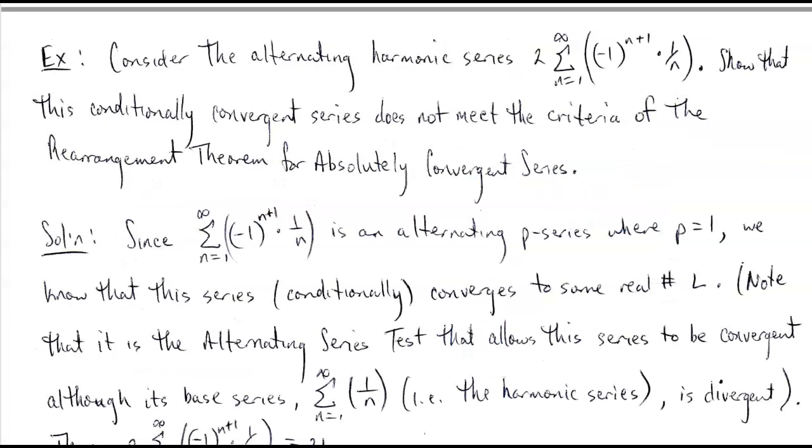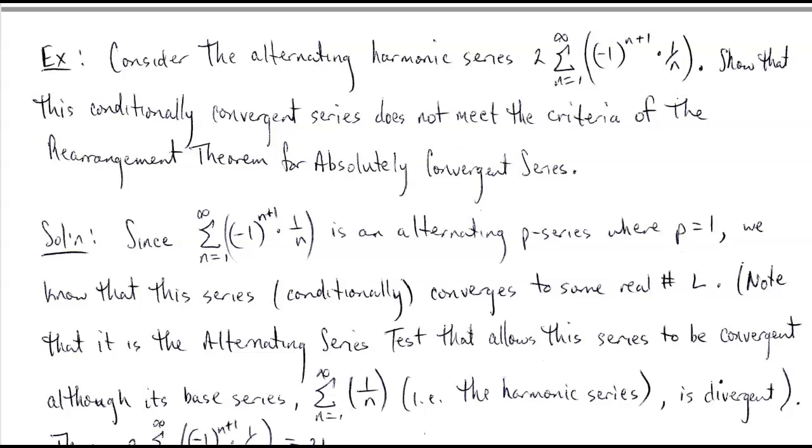Okay, so for my last example for this video, we're going to look at 2 times the alternating harmonic series, the summation of -1 raised to the n plus 1 times 1 over n. And we want to show that this conditionally convergent series does not meet the criteria for the rearrangement theorem for an absolutely convergent series.